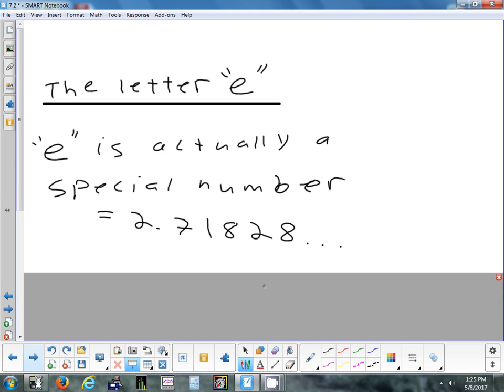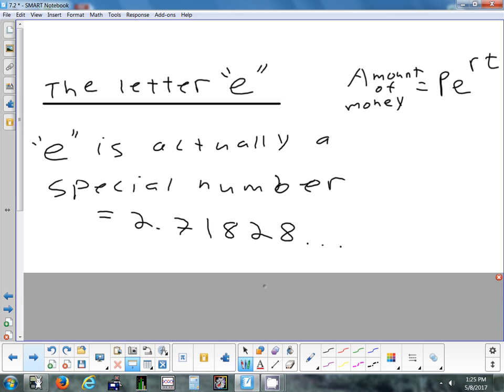And has anybody ever seen a formula that used the letter E in it? I don't know a lot of formulas that use it, but I do know one. And it has to do with banking again. It's the amount of money equals P times E to the RT. This is another way to calculate interest in a savings account.